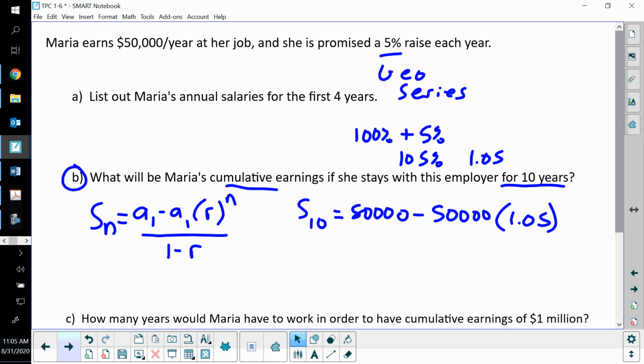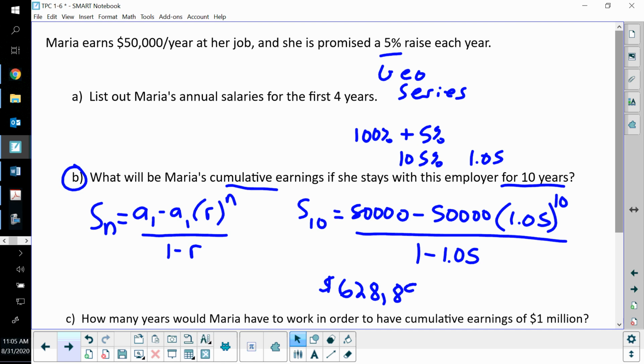Then we are raised to the n, which was 10, and then 1 minus our r of 1.05. Now, because we're dealing with money, and this doesn't tell us where to round to, we should round to the nearest cent, because that's where money gets cut off. When we put this in the calculator, we end up getting $628,894.63.